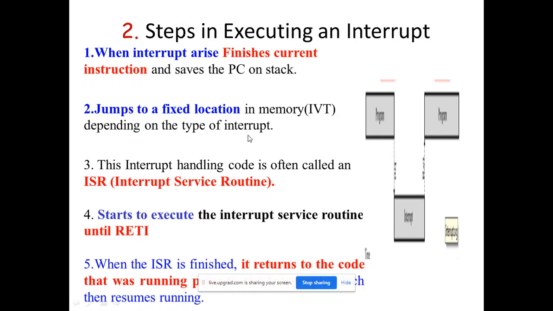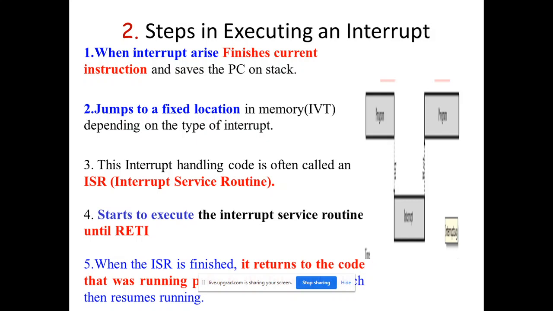We already know that there are 6 types of interrupt sources: external interrupt INT0, external interrupt INT1, timer 0, timer 1, serial interrupt, and the last one is reset. When any respective interrupt arises, each one has its own interrupt service routine.